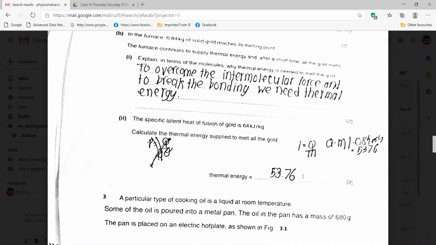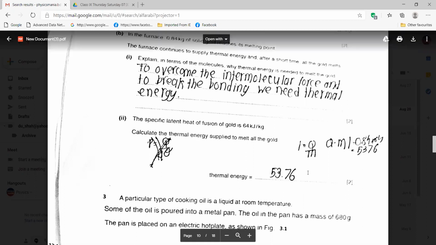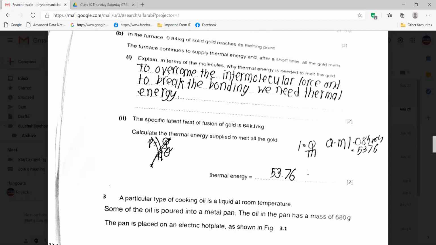Is it clear, Ravi? So you should be careful in taking the units. The unit of specific latent heat is given in kilojoule or joule per gram, or it is given in kilojoule per kg. So accordingly, your answer should be written for the mass.